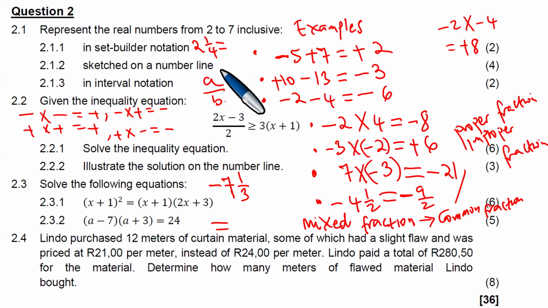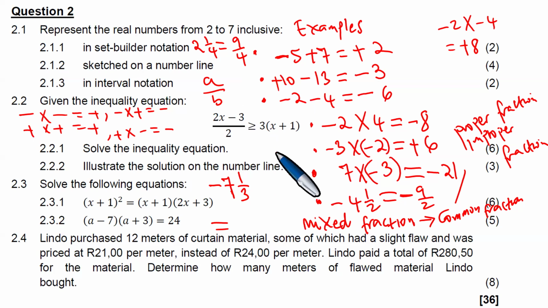Then you add the 1. So 2 times 4 gives us 8, plus 1, and that becomes 9 out of 4. Which means that 2 and 1/4 is the same as 9 out of 4.